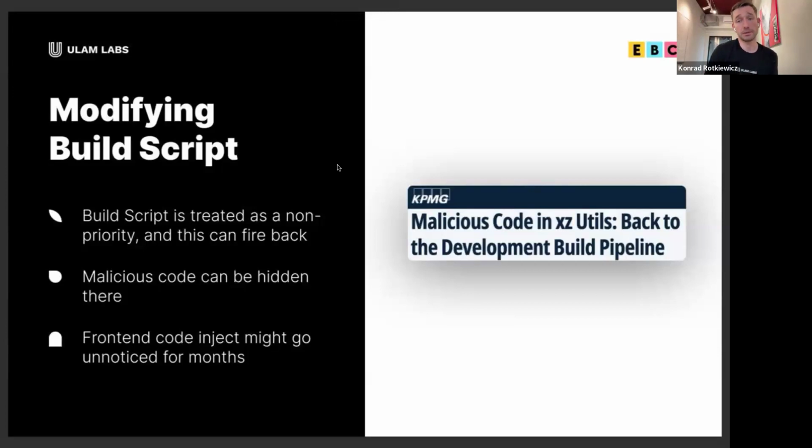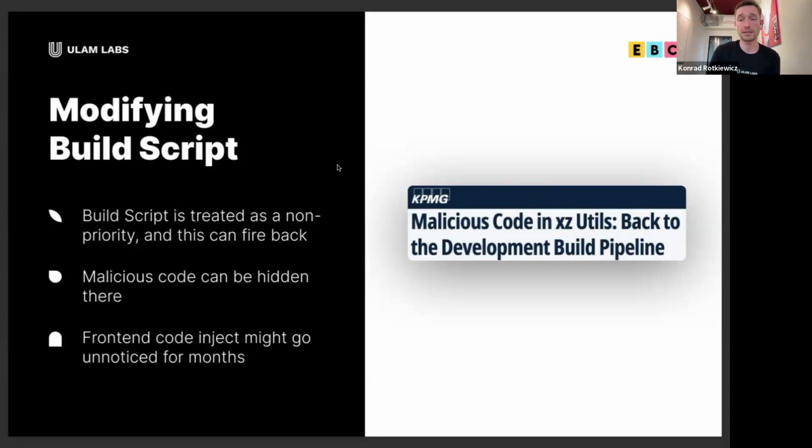But this is the best place to put malicious code, to add some code that will be executed later on the back end, on the front end, whatever. The example here is a really prominent one, from two or three months ago, I think.